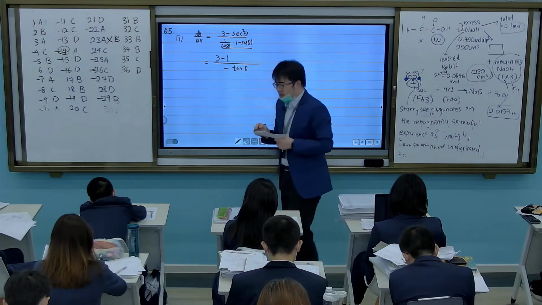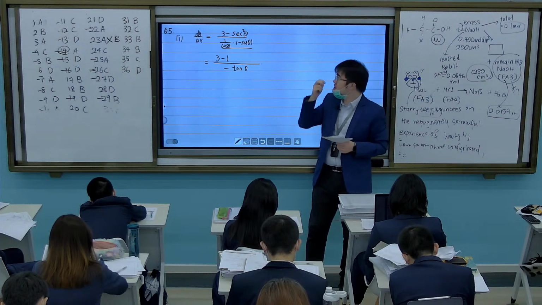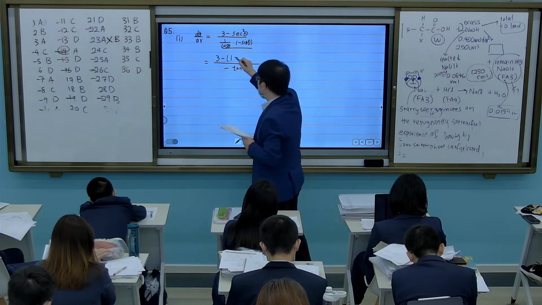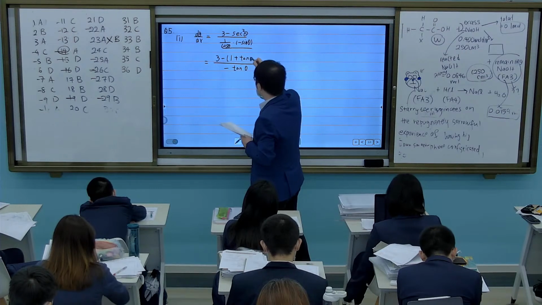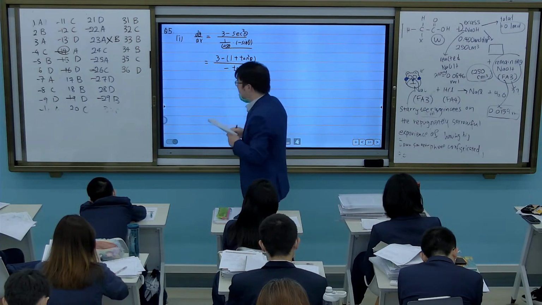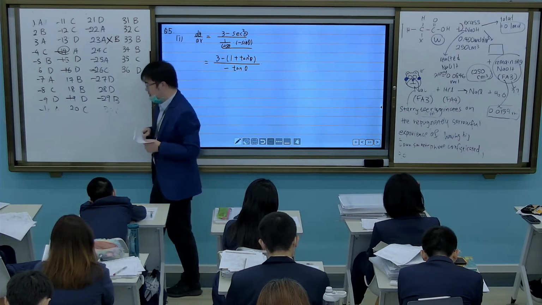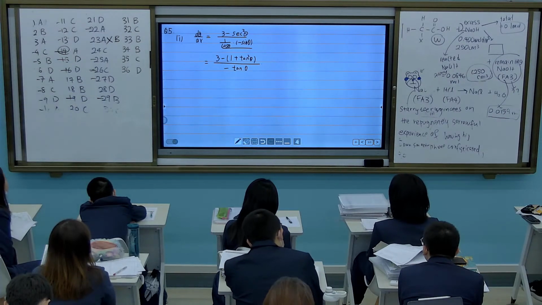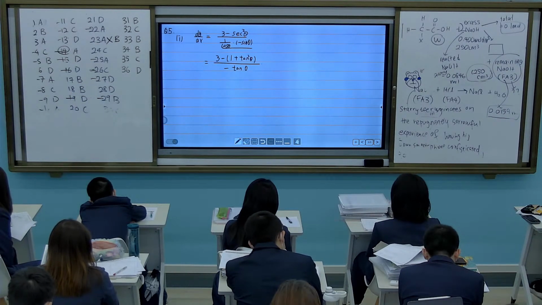Then in the numerator, you can change the sine theta squared to be 1 plus tangent theta squared. So as I mentioned, you need to know the trigonometric identities.